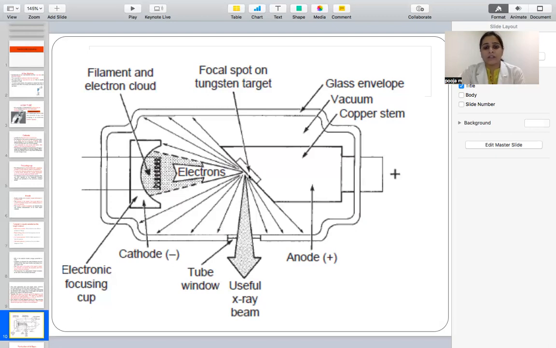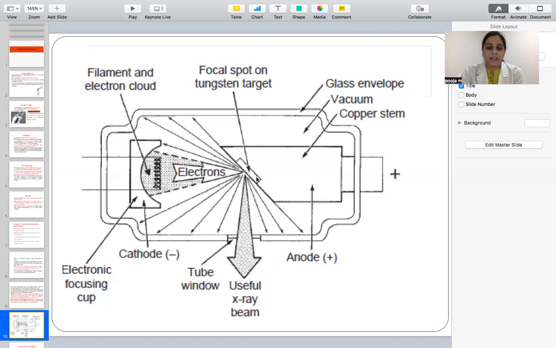Once these electrons go and hit this target, the kinetic energy of the electron is converted into X-ray photons. You can see here, this is a rectangular area which is called the target, and the area where the electron hits is called the focal spot.